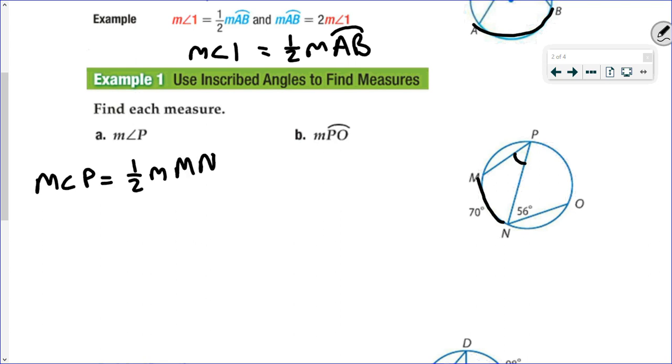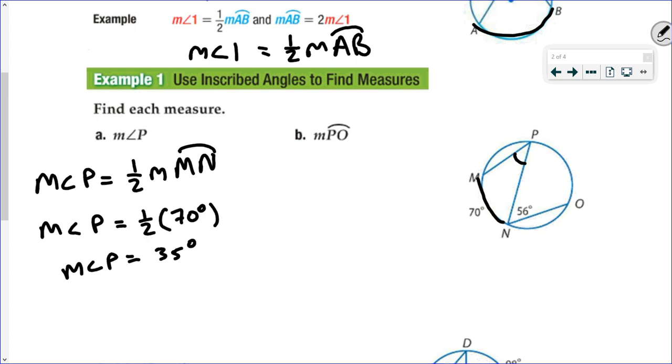So we can use theorem 10.6, and we should be able to find angle P because we know arc MN. So measure of angle P is 1/2 of arc MN, which is 70 degrees. So the measure of angle P is 1/2 of 70, which is, of course, 35 degrees.